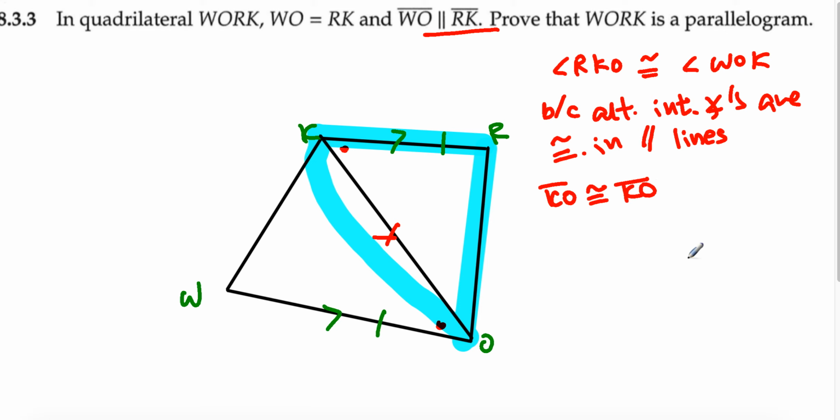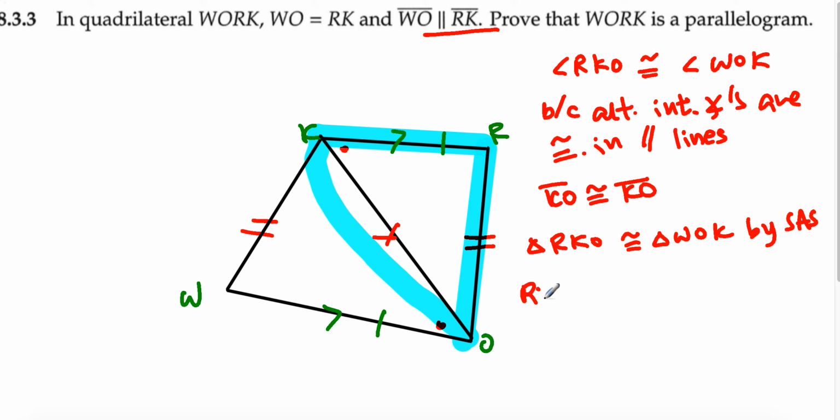So we now realize that, by reflexive of course, triangle RKO is congruent to triangle WOK by side, angle, side. Then we realize that this side must be congruent to this side as well by CPCTC.